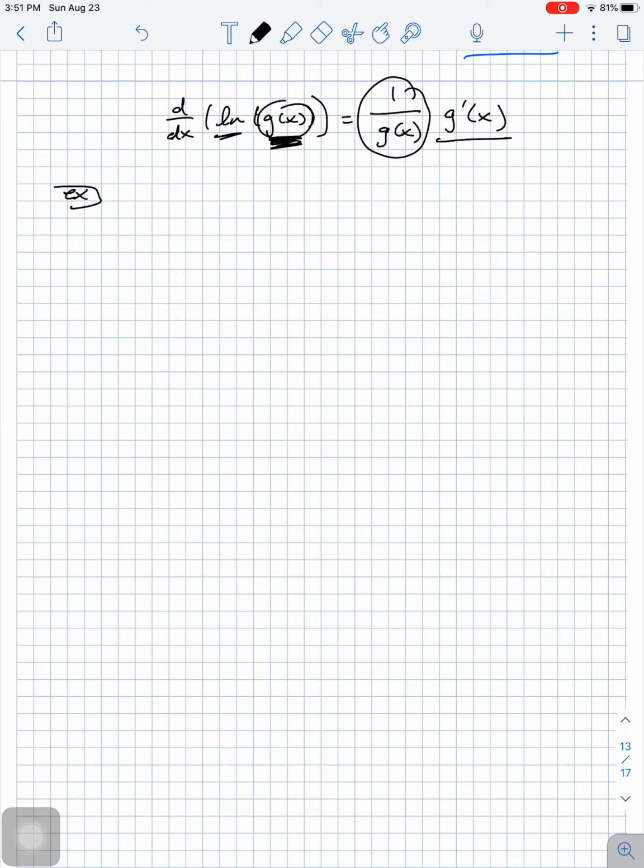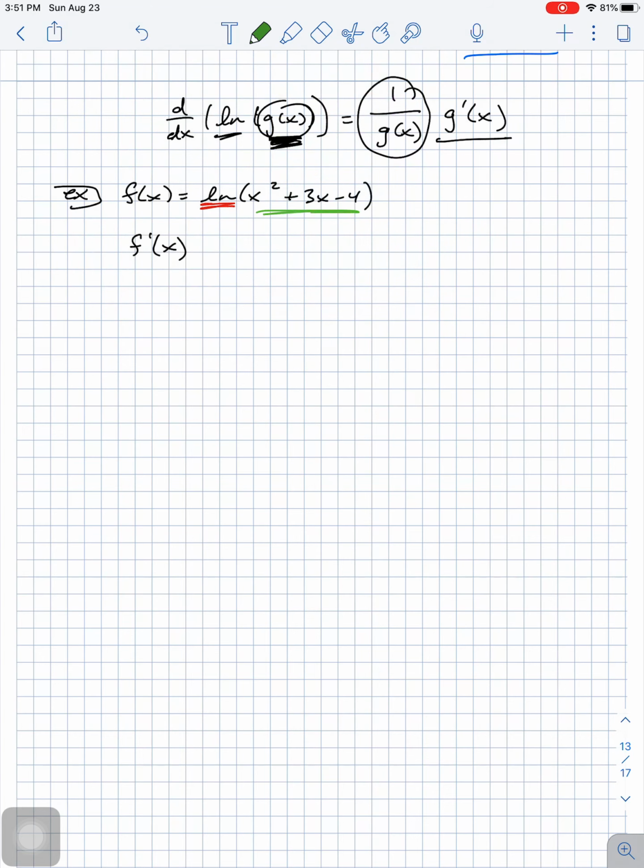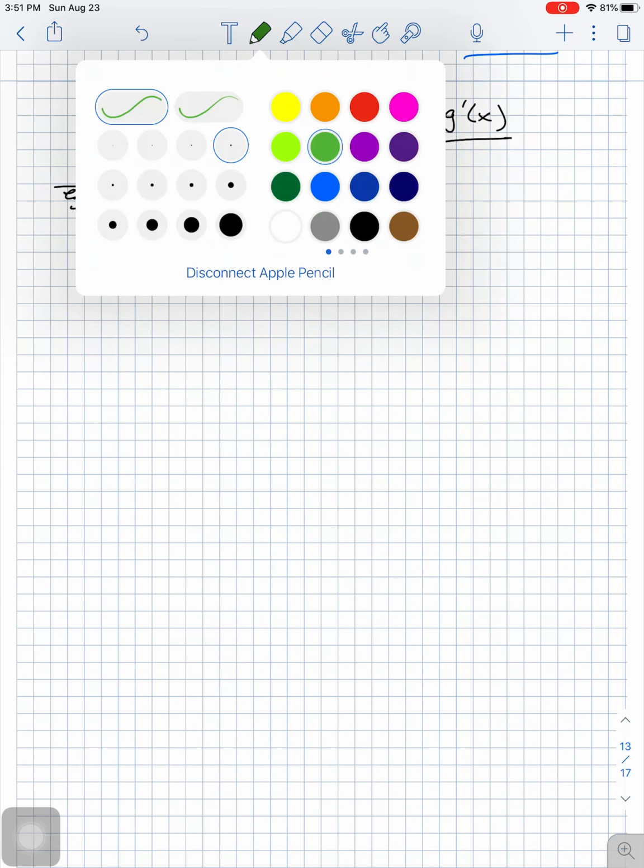We've got, let's call it f of x, natural log of x squared plus 3x minus 4, and I want to find the derivative. So my outside function is natural log. My inside function is this polynomial.